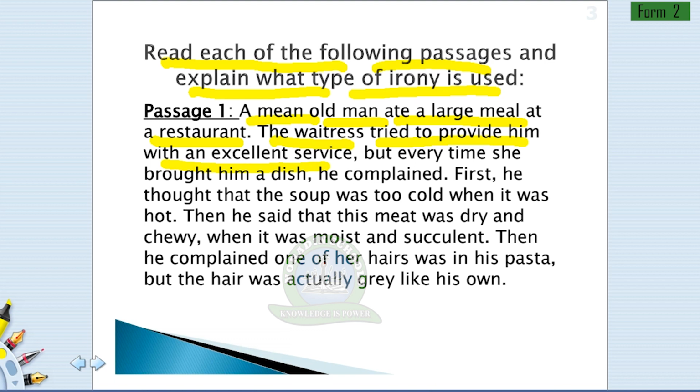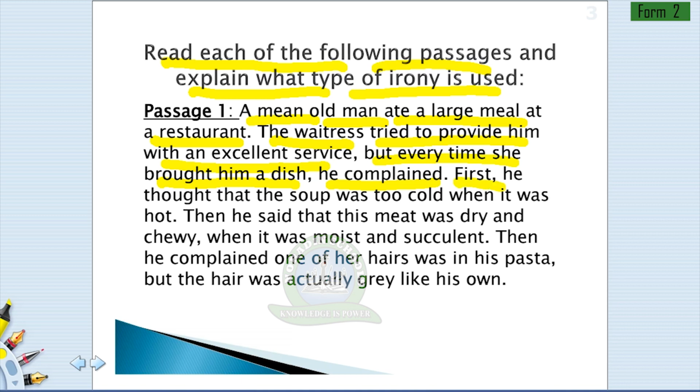But what happened? Every time she brought him a dish, he complained. He was suffering from something. He was complaining. First, let's see the steps. We will try to explain what irony it is, so keep in mind to pay very close attention.